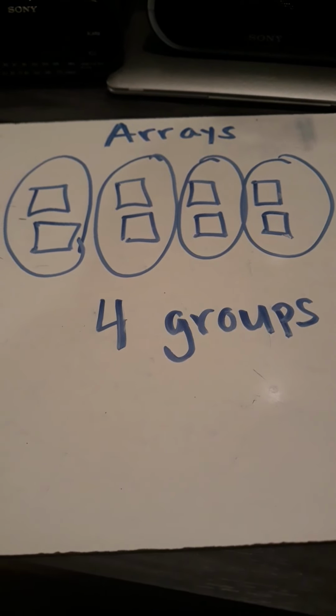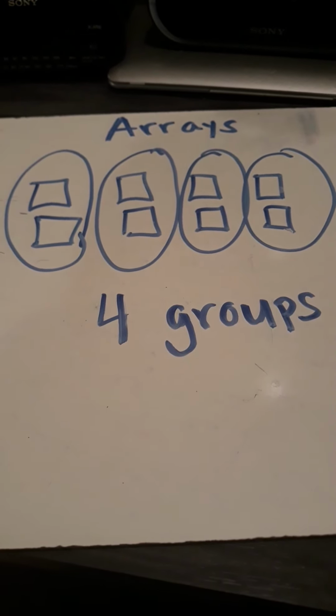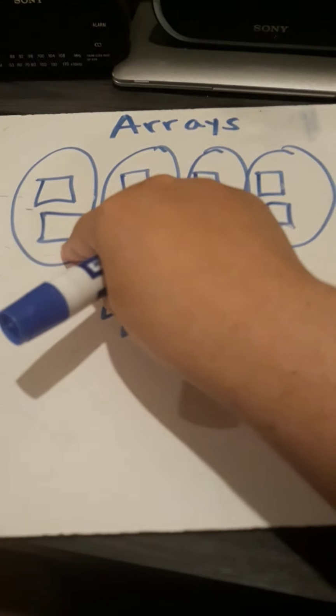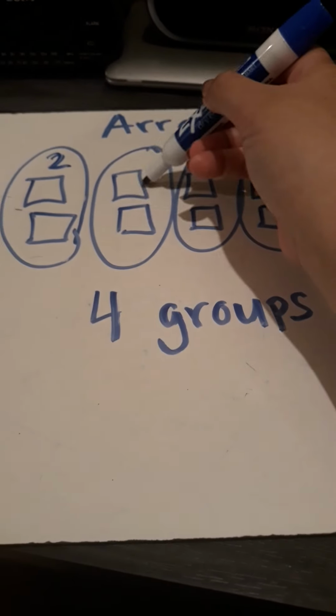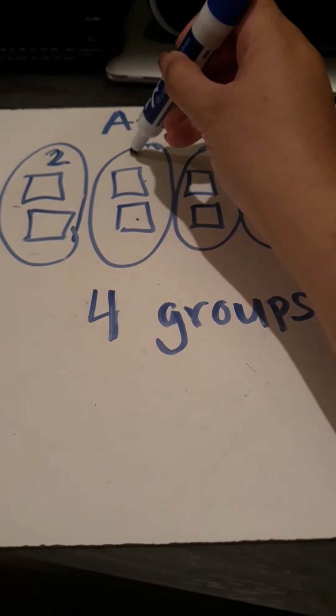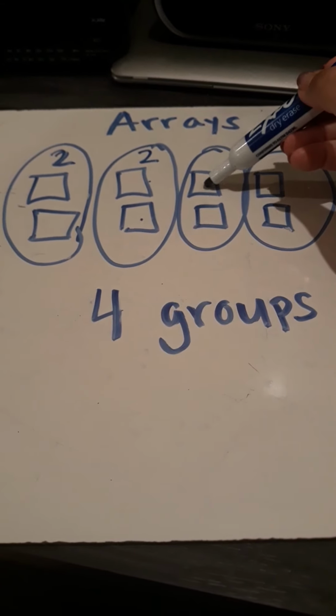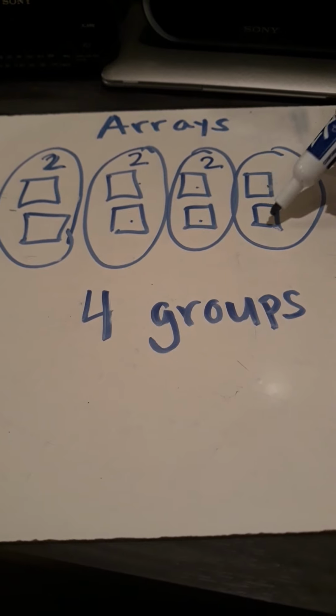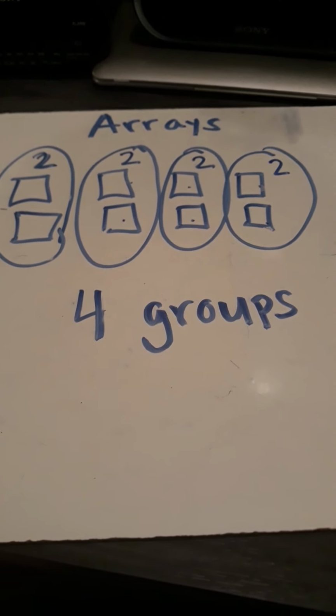Now, how many squares do I have in each group? 1, 2. I have 2 in this group. 1, 2. I have 2 in this group. 1, 2. I have 2 in this group. 1, 2. I have 2 in this group.